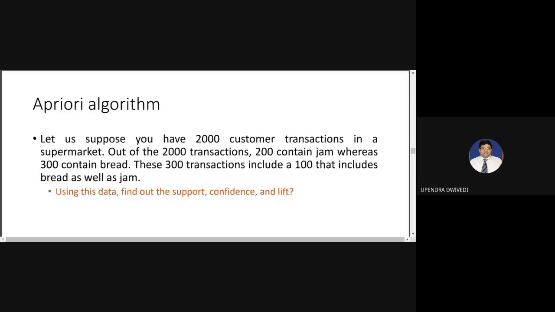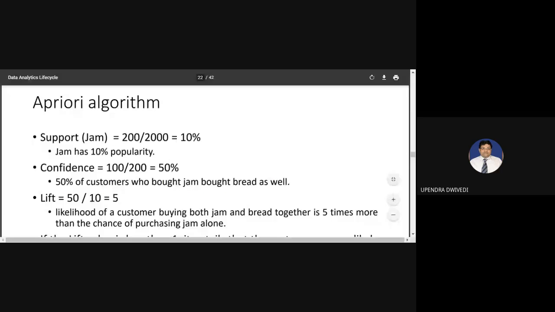So the answer will be 300 divided by 2000. So support of bread is 15%. Everyone is calculating 10%. Okay, so these are the answers.